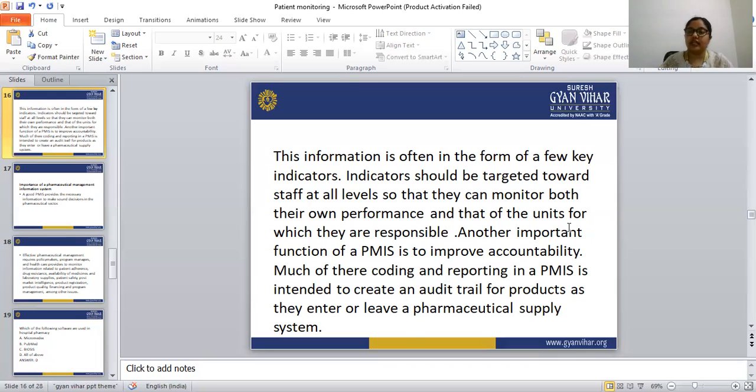So this profile helps in clinical screening every time the patient receives a prescription.